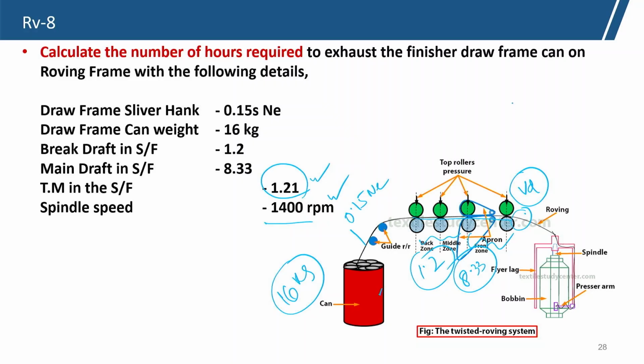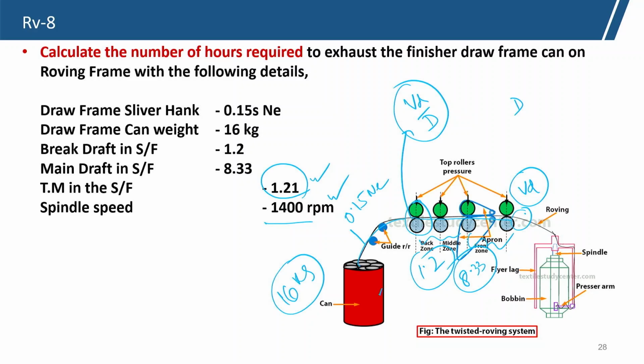So, if the draft is D, take up speed will be the delivery speed divided by D, D times lower than the delivery speed. If we know this speed, then we can calculate the time required to pull all these fibers. So, that is one way.